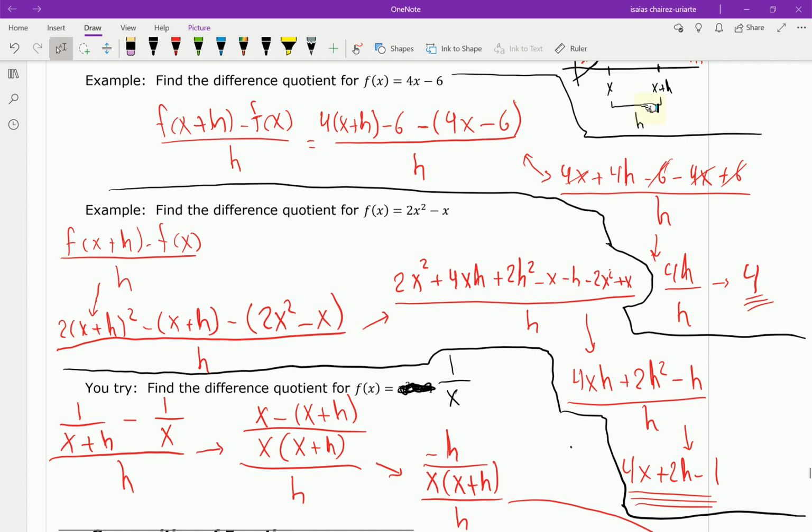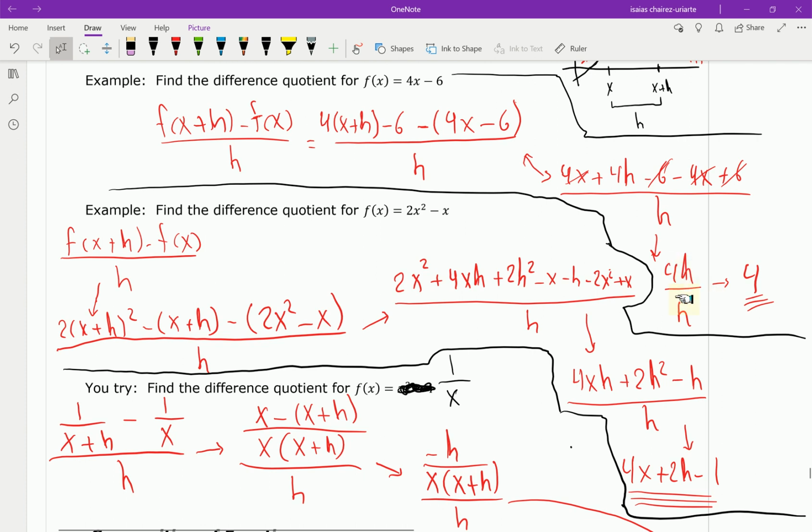And now, if you do this correctly, a lot of terms usually cancel out. Usually, you should just end up with things that just have h. So this 4x minus 4x, those are gone. 6 minus 6 is gone. And so then all I end up with, once everything cancels out, is just 4h divided by h.